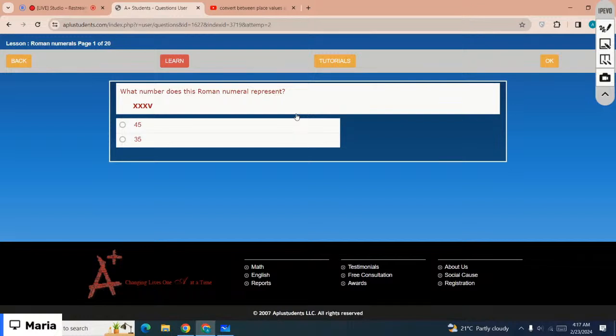XXX is for 30 and V is for 5, so 35. Basically, Roman numeral is another type of representation. You can represent the numbers another way, right?